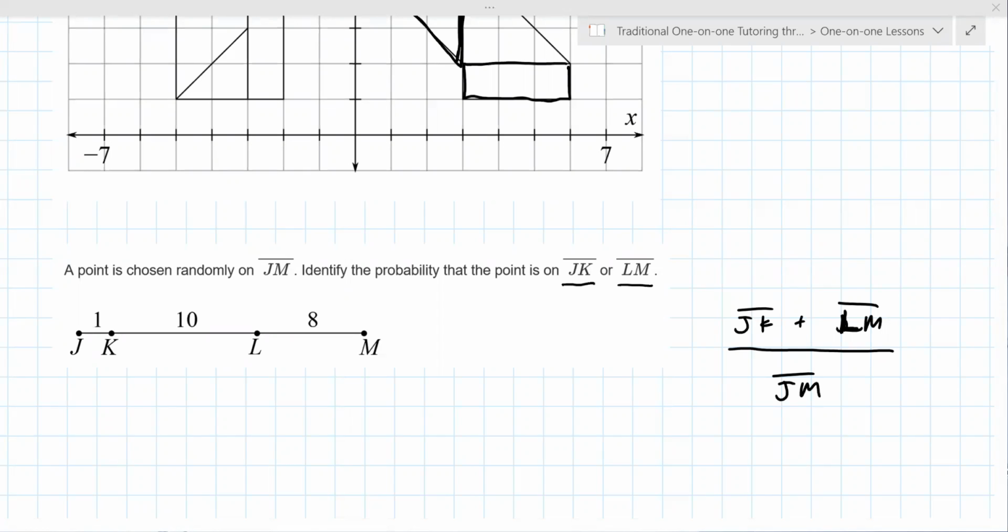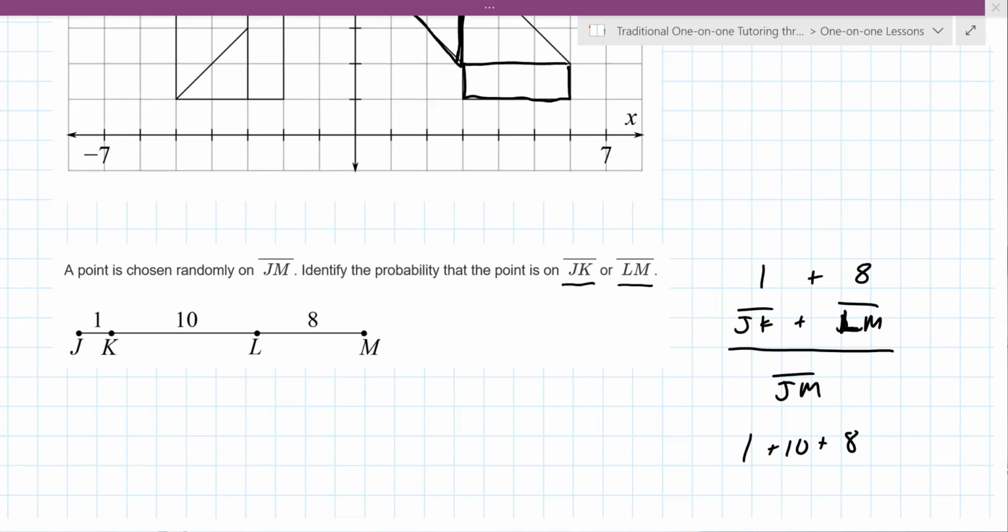Are they asking for a decimal or a fraction, I'm sorry. A fraction? Okay, so then I get 9 over 19. JK is 1 and LM is 8, so that's 9 over 19. Perfect. Great.